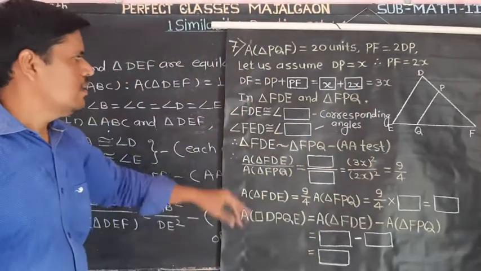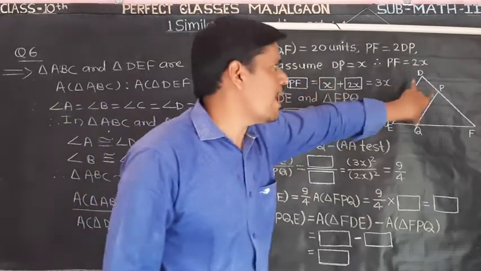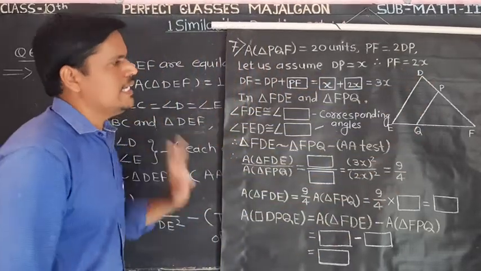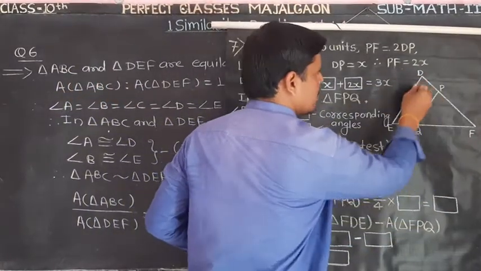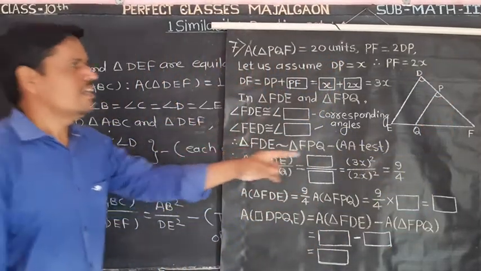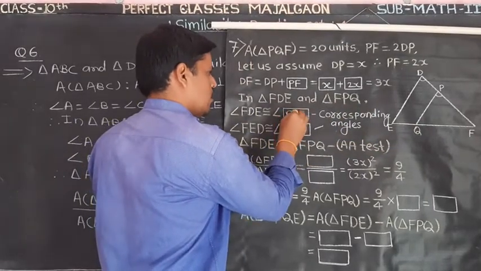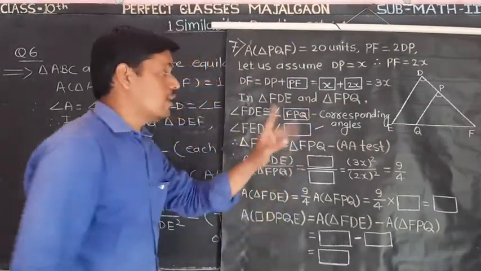Now look at these two triangles. These two lines are parallel. Therefore, where is the angle FDE? This angle and this angle are corresponding angles. Therefore angle FDE equals angle FPQ, corresponding angles.